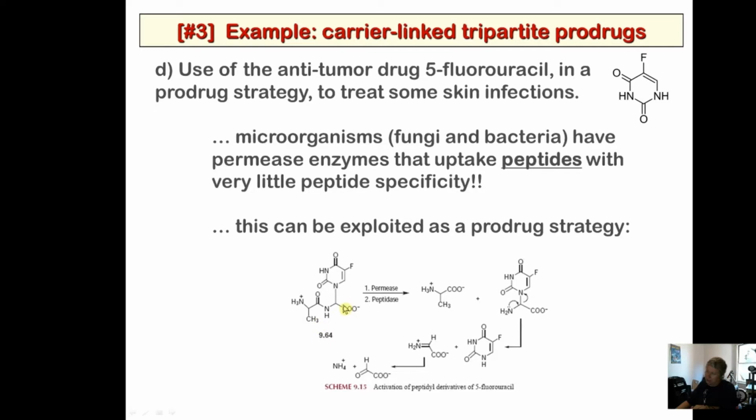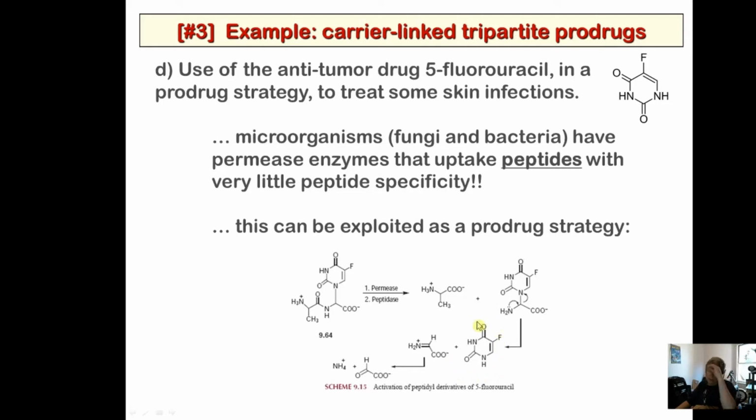And once inside the bacteria or fungi, a peptidase cleaves off the alanine, and then the fluorouracil is expelled, and it's still within the cell. And this is super cytotoxic to bacteria and fungi, just like it's cytotoxic to human or mammalian cancer cells.